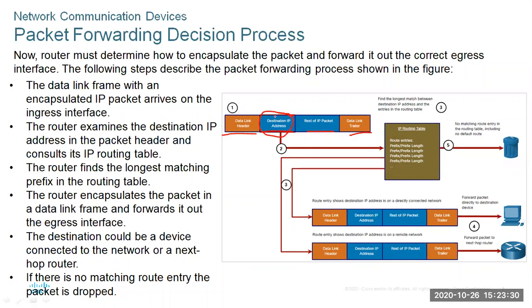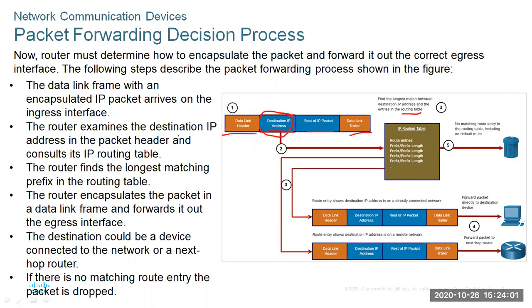So once this guy sees it, it goes to the routing table and checks the entry that has the closest match. And once it finds the closest match, then it knows how to forward through the interface. So by forwarding it, it now puts the information here and then forwards it.